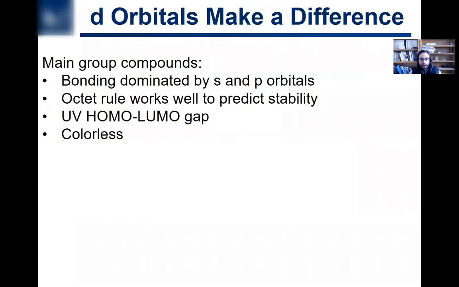Okay. It's the d orbitals that make a difference. When we look at the main group compounds, the bonding is dominated by s and p orbitals, pretty much exclusively. It's been a hotly debated topic in chemistry for quite some time, but I think within the last 2 decades, it's mostly been settled that d orbitals, empty d orbitals even, don't play any role in main group chemistry.